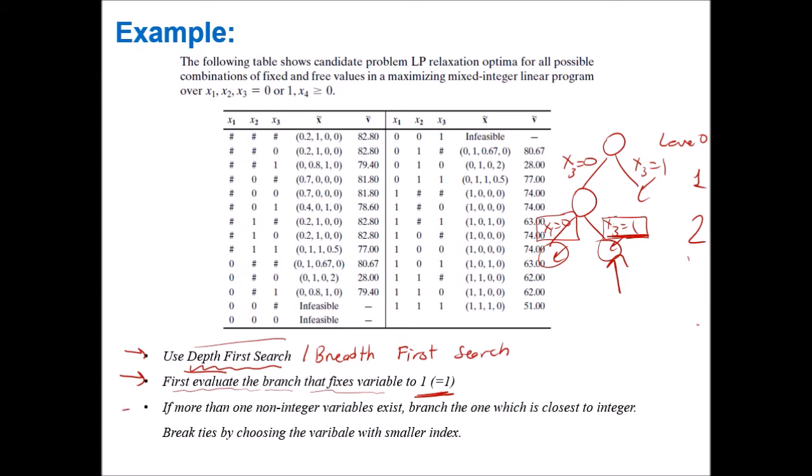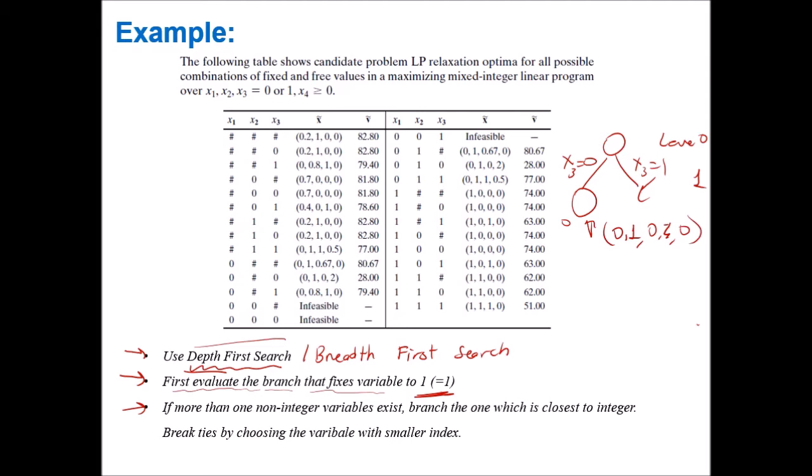And also, there's one more rule. It says that if more than one non-integer variable exists, for example, let's assume that we solve this problem and the value of x1 is equal to 0.1, the value of x2 is equal to 0.4, and the value of x3 is already fixed to 0.